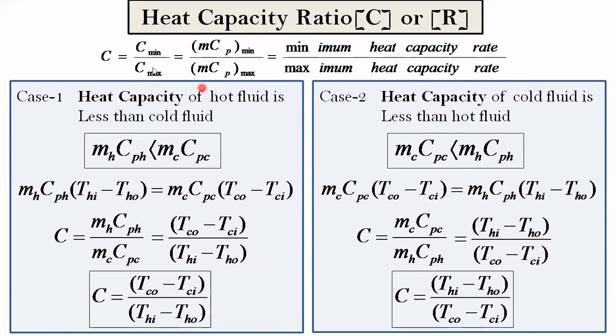So in general, if you want to write down the heat capacity ratio, we can write down the temperature difference of the fluid whose heat capacity is less. So here MHCPH is less, so directly you can write down the temperature difference of hot fluid in denominator, and the other fluid in numerator. Here also the heat capacity for cold fluid is less, so directly you can write down the temperature difference for cold fluid, that is TCO minus TCI, and the other fluid temperature difference you can write down in numerator.